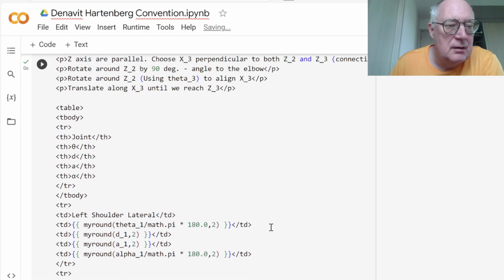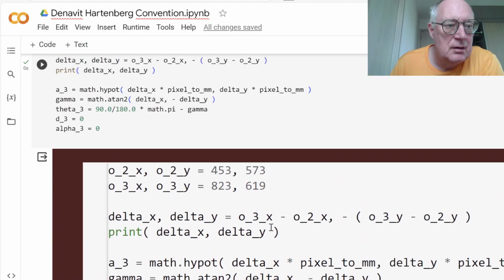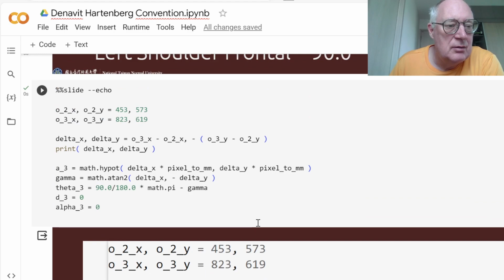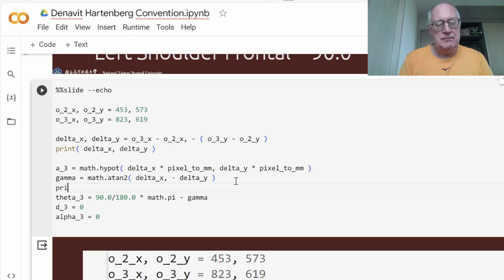Theta 3 is 7 degrees now. Let's see what gamma is.